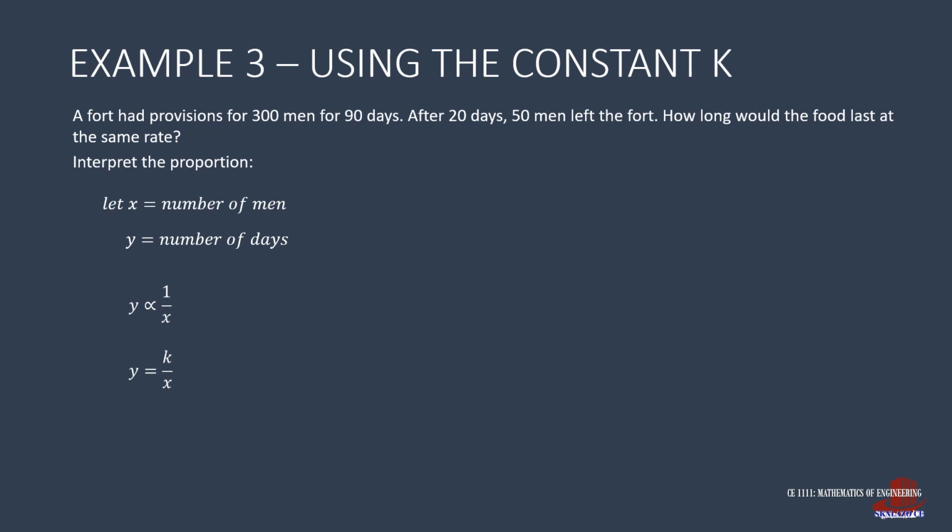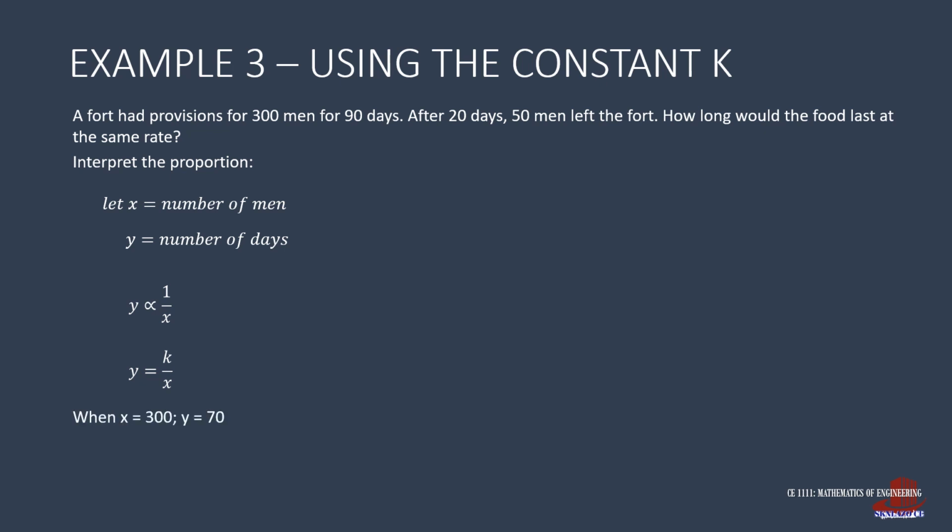Now let's analyze the premise. The first detail says that a fort has 300 men, with a provision for 90 days. At the end of 20 days, there are 50 men who left the fort. With the original situation, on the 20th day, there are still 300 men who have provision for 70 days more.